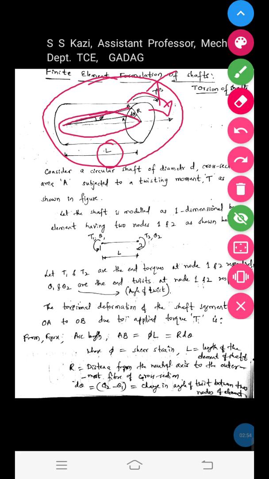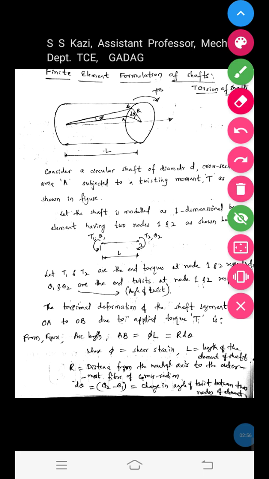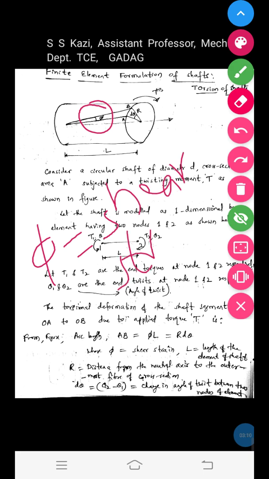That angular deformation I have denoted here as phi. Phi is the angular deformation and it is called shear strain. That angular displacement is called shear strain. Let phi be the shear strain.